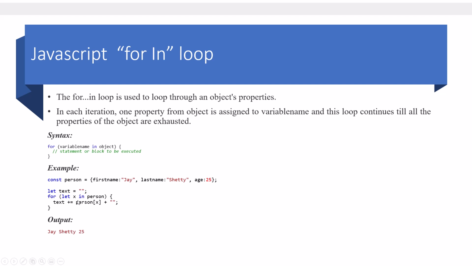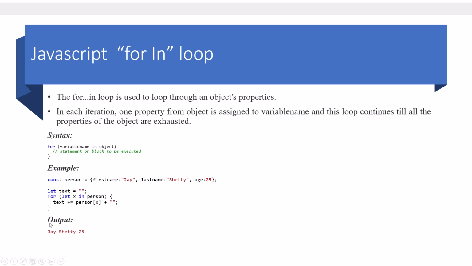Next it will go and check if x in person has a next value, so it will be Shetty. And next again it will go and check if there is another value, for the property age. So until all the properties of the person variable are exhausted, it will go into this for loop. And at the end, it will check that there is no more property assigned. That time it will come out of the loop.